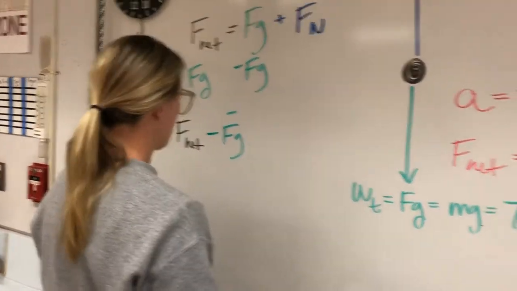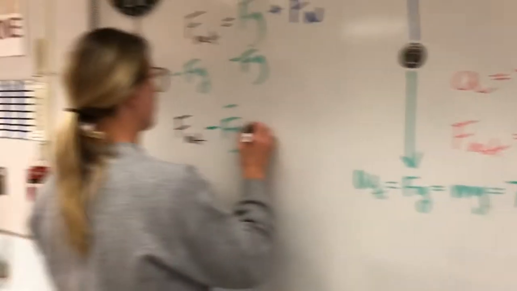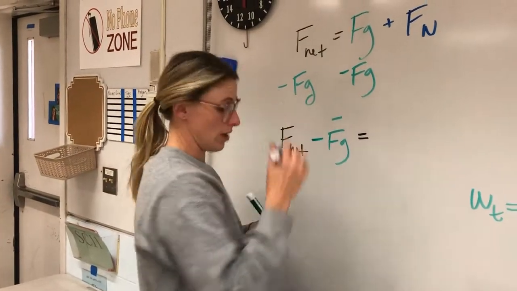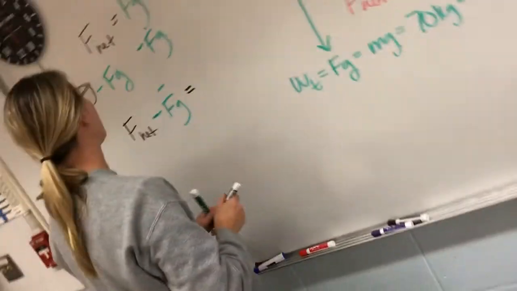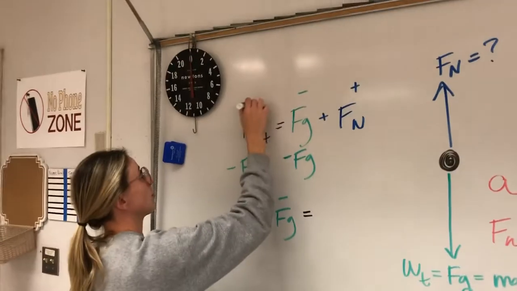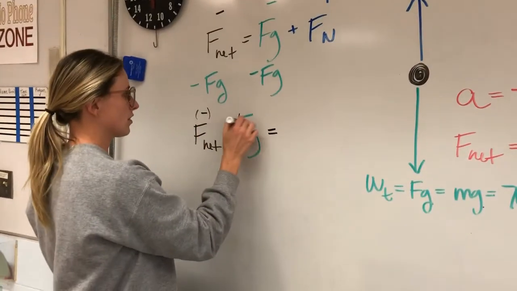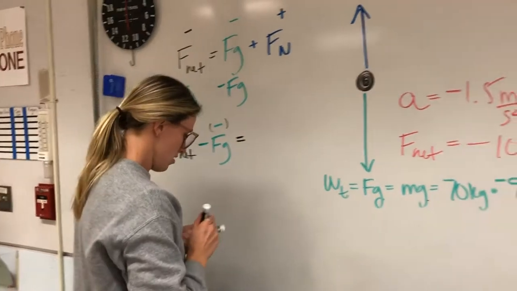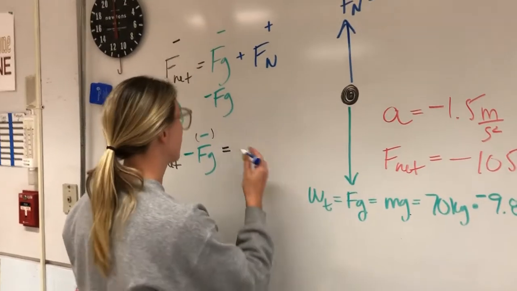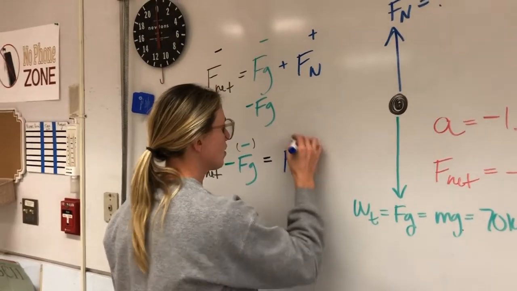Of course, the net force is also negative. Let me make a little note of that. So this number should also be negative, and this number right here negative. I just like to carry them through like this. That's always a good idea. And that'll give us the normal force, which is going to be a positive.